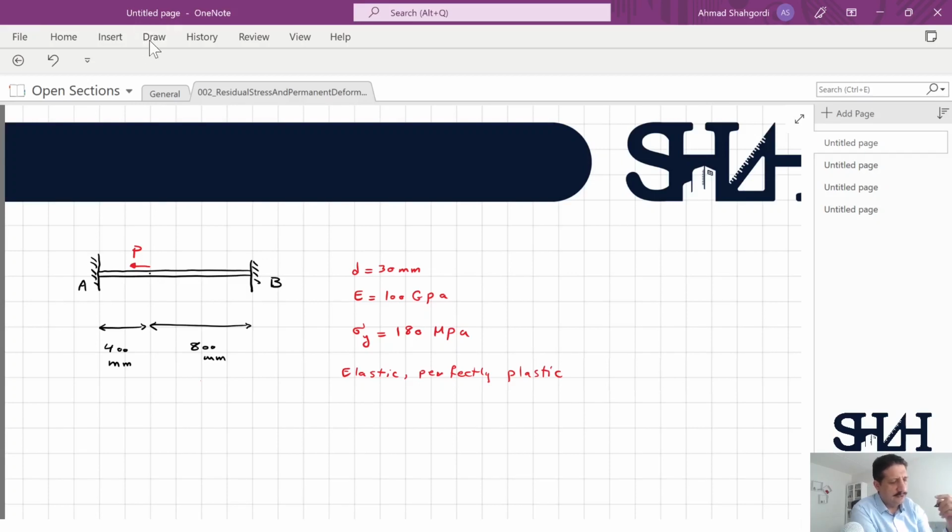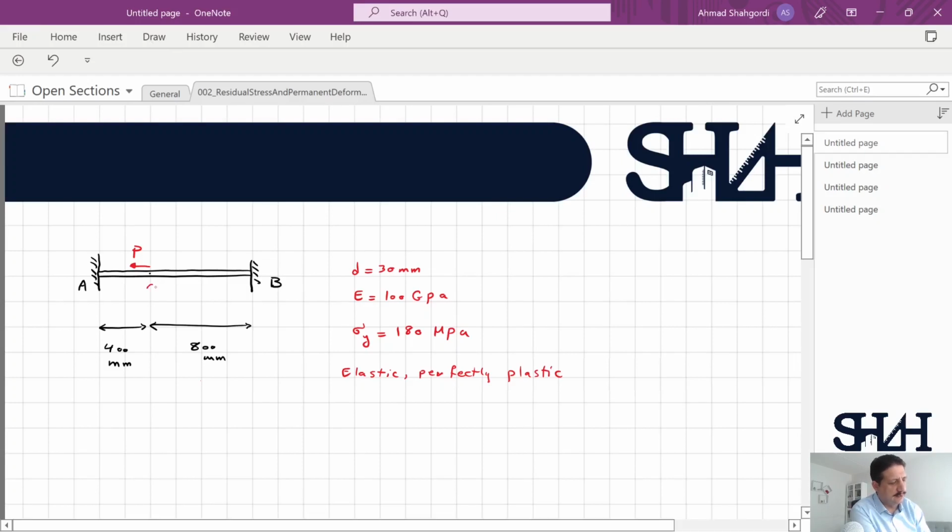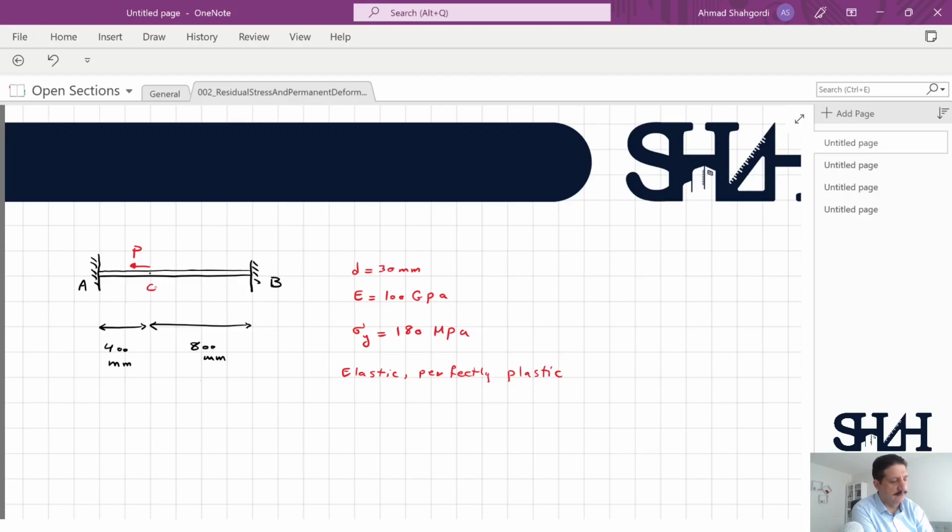So now the question is how much load we can apply to this point C, the intersection between two bars, if they are of the same material, with the same cross section, but with different length. When we increase the load, in the beginning, the system will be in elastic phase.